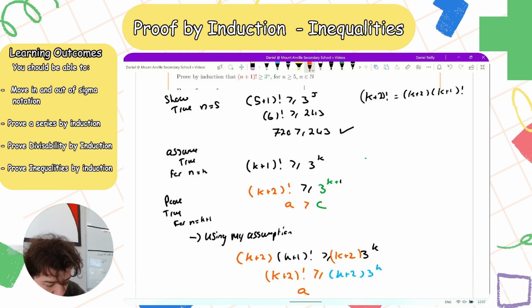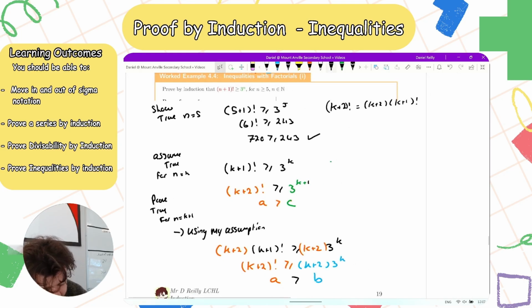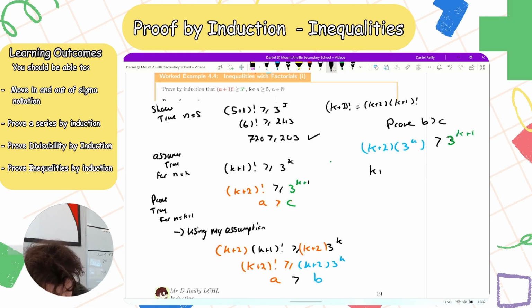Now this is my A is greater than B. Now I need to prove B is greater than C. So I need to prove now that (k + 2) times 3 to the k is greater than 3 to the k plus 1, right? So (k + 2) times 3 to the k is greater than 3 times 3 to the k, right?